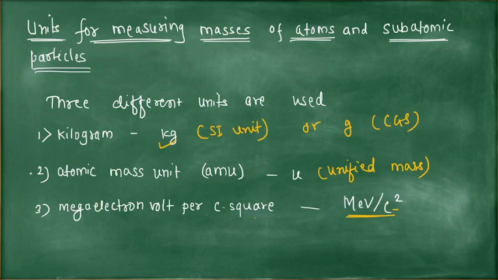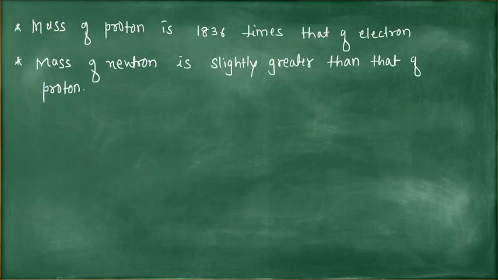Mostly you have used the atomic mass unit or unified mass u in chemistry. But there are 3 different units. Subatomic particles are protons and neutrons. The electron is a part of the atom, but it is not a subatomic particle; it is a fundamental particle.